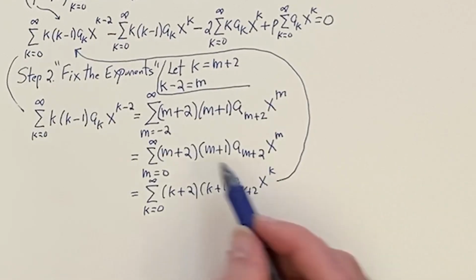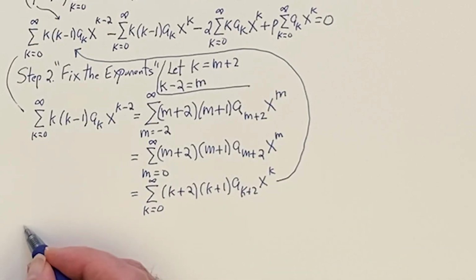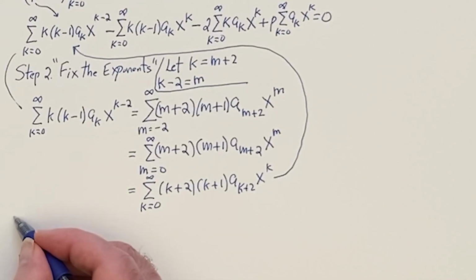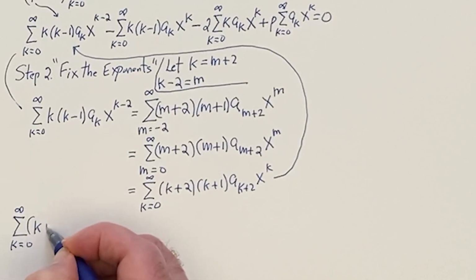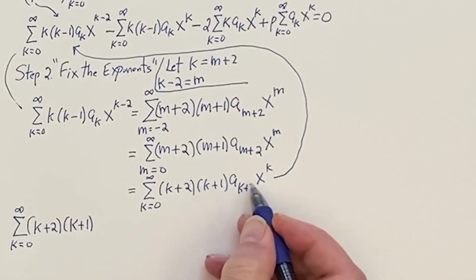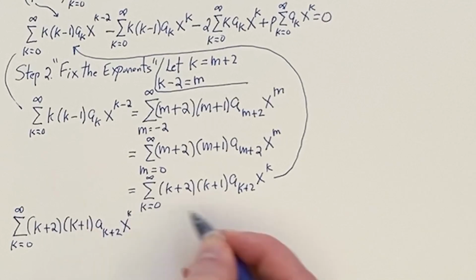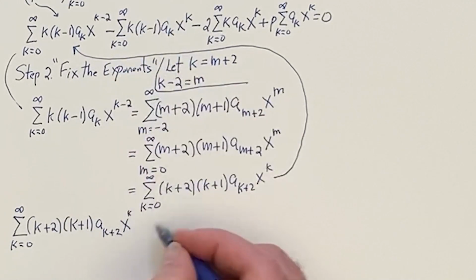So let's do that. Let's write this out again. The first term is going to be the sum from k equals 0 to infinity, k plus 2, k plus 1. We're just copying this. A sub k plus 2, x to the k. Then we come back up here and copy this one.